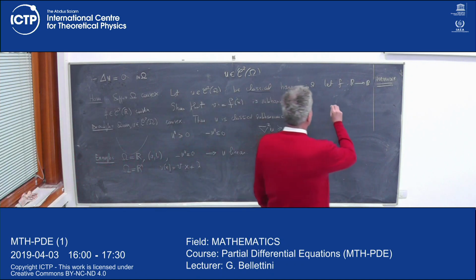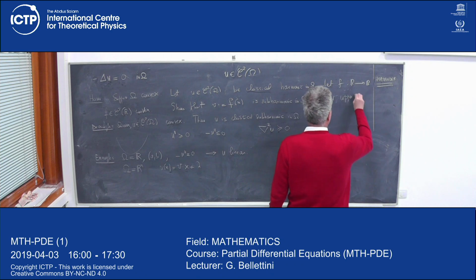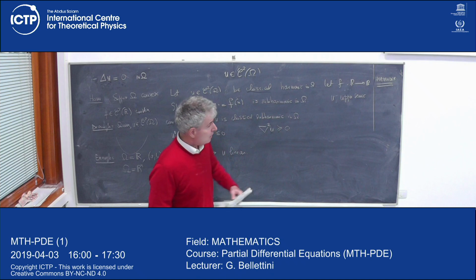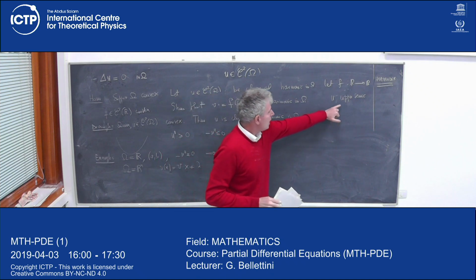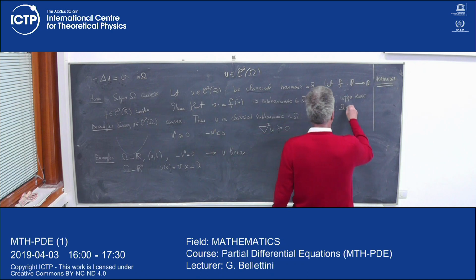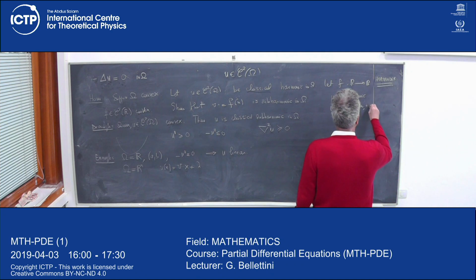One possibility is to say that u is upper semi-continuous, so you don't need it to be continuous even. Subharmonic: upper semi-continuous, maybe with values minus infinity, plus infinity, probably.